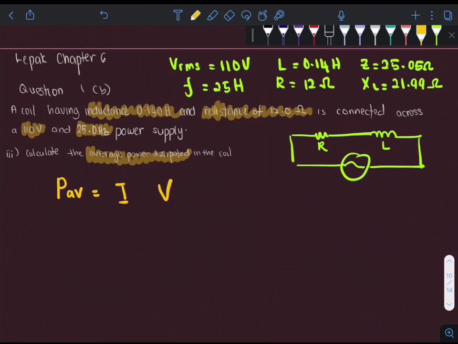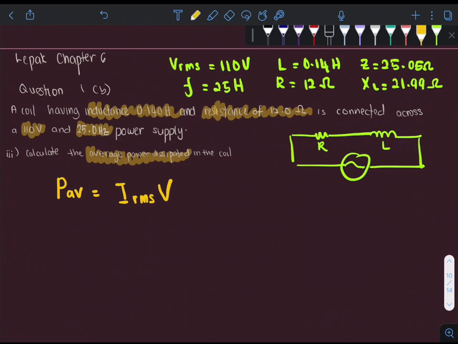This is the general equation that we have studied in chapter 3 or in our previous knowledge during SPM. Since we are using P average here, the I here is the IRMS, and as I've mentioned earlier, the power can only be dissipated across the resistor. The other components such as the inductor or even the capacitor cannot dissipate power.